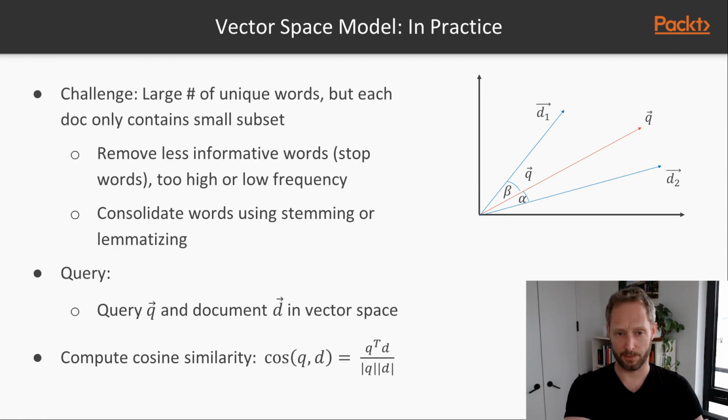Of course, each individual document only contains a few hundred or thousand at most. One approach to make this more manageable is to remove so-called stop words, which are just common words like is, the, and, and so forth. But also put in thresholds and reduce or exclude words that are either too infrequent or too frequent.